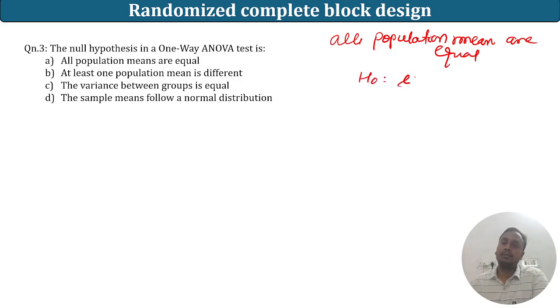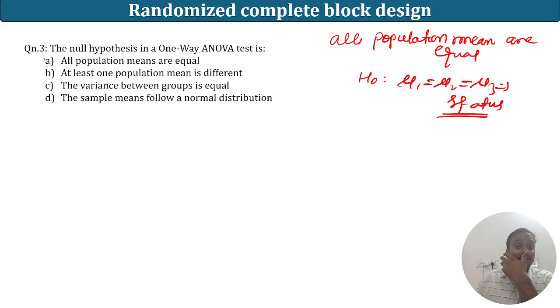It's something like mu1 is equal to mu2 is equal to mu3. It's a status quo. Okay, so at least this is the answer.